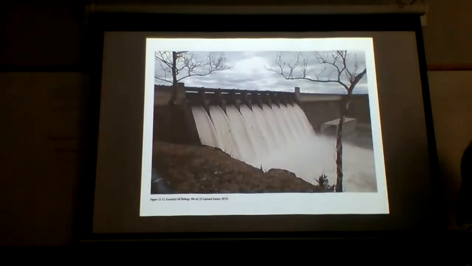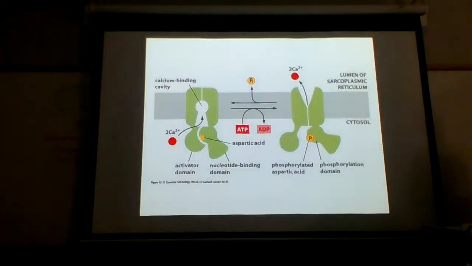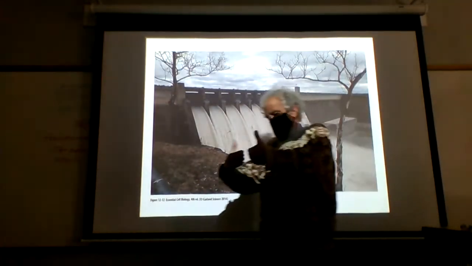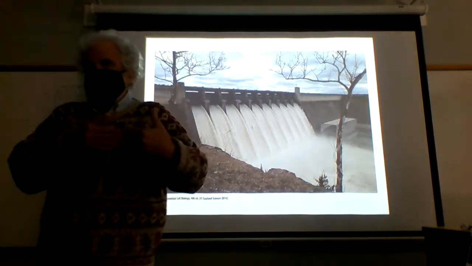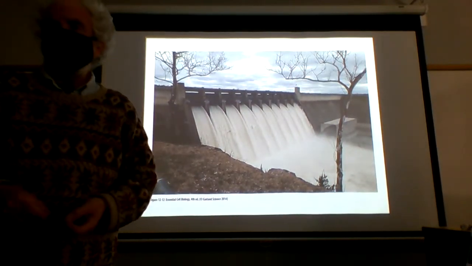Let's see what else we have here. Here we have a dam. The notion being that the accumulation of ions is in fact a potential energy source, much in the way that a dam holds back water and then allows it to pass through, and you have turbines that spin and you make electricity.